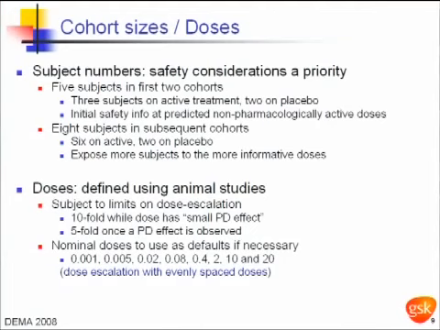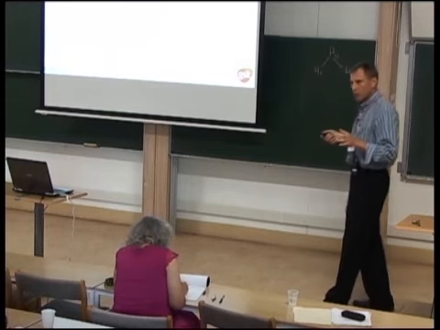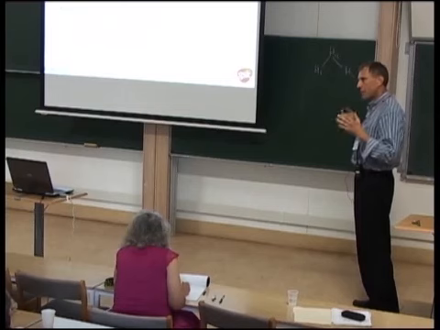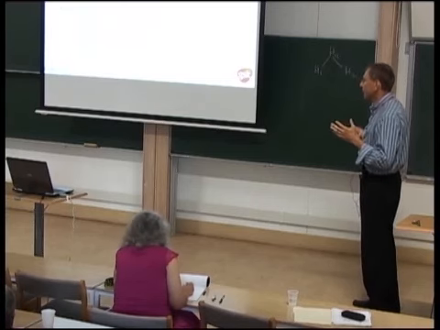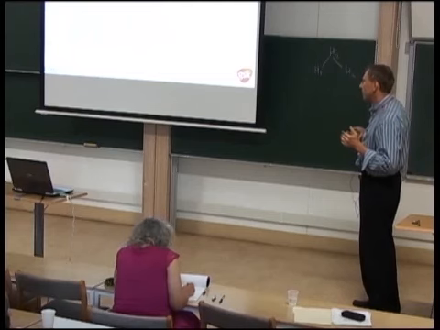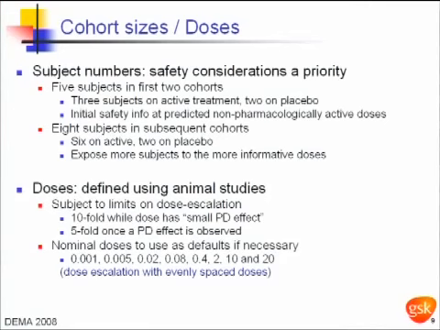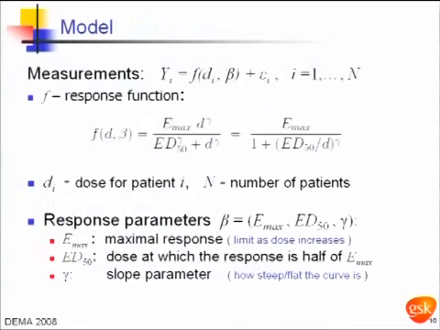Also, there are some nominal doses prescribed from the very beginning as defaults if necessary. This is the minimal dose, this is the maximal dose, and this sequence is pretty much dose escalation with evenly spaced doses, which very often is performed in first studies in humans. Now, what is the model?